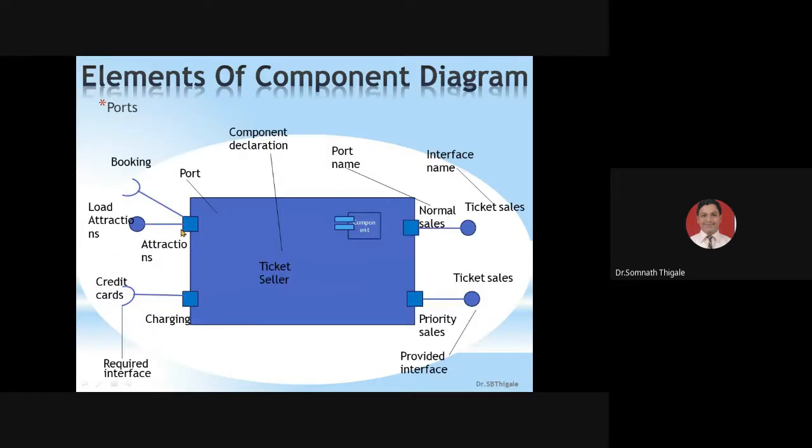So see, this is a simple port through which we can enter into the system and go outside of the system only through ports. So simply remember, ports are nothing but the doors through which we can communicate with the system. This is just in a component.